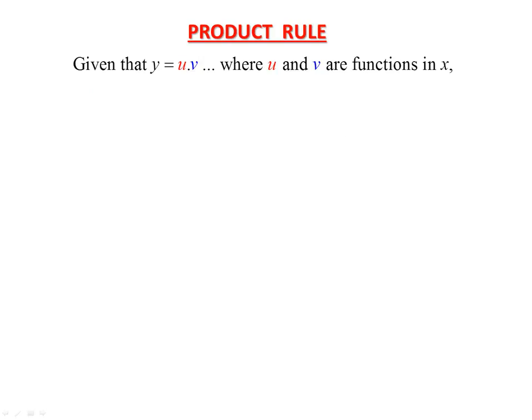Right, so let's have a look at product rule. Let's actually have a look at the definition of product rule. Given that y equals u times v, u and v are functions in x. There we are. The derivative of y with respect to x, dy by dx, equals the derivative of u with respect to x, the derivative of the first factor times the second factor, plus the first factor times the derivative of the second factor.